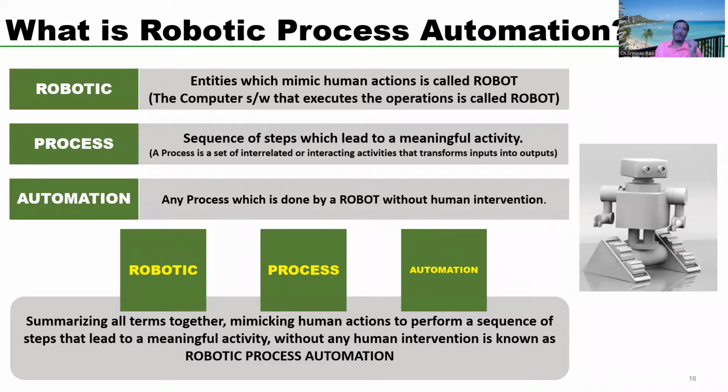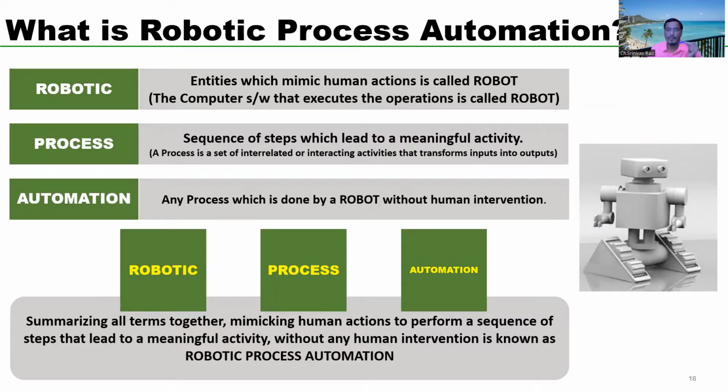Any process done by a robot without any human intervention is automation. To sum up, mimicking human actions to perform a sequence of steps that leads to a meaningful activity without any human intervention is known as robotic process automation.